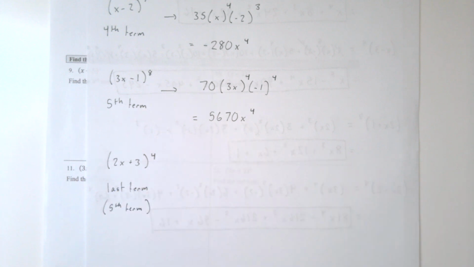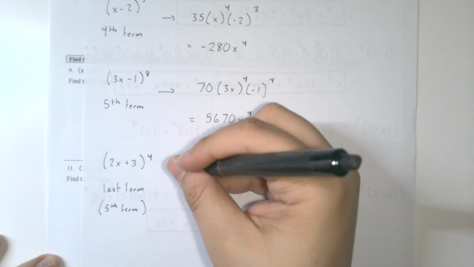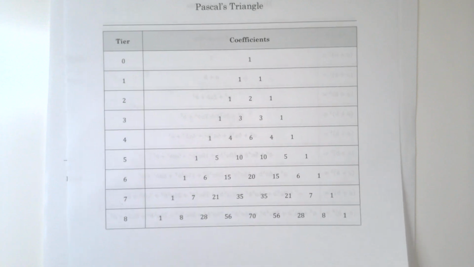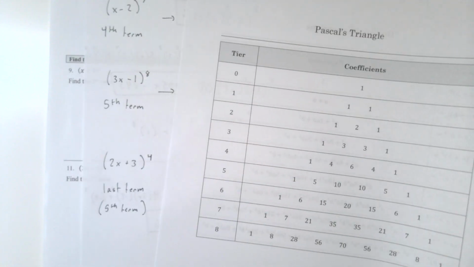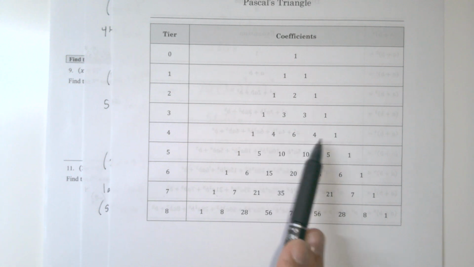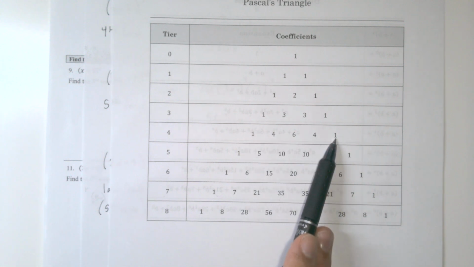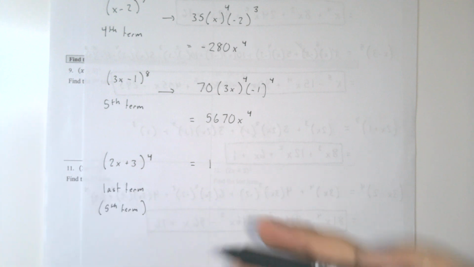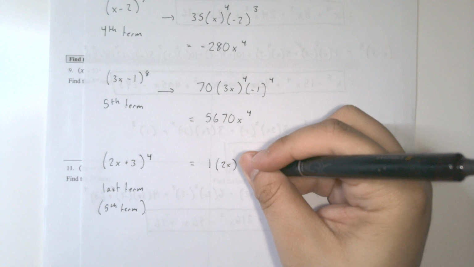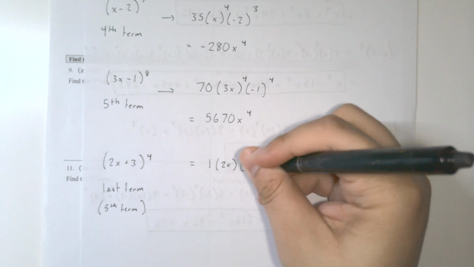And if that's the case, then first, we can either recognize that the very first and the last term are always going to have a coefficient of 1, or if you would like to verify that on your triangle, since we're raising something to the 4th power, we have 1, 4, 6, 4, 1, so coefficient of 1, and then times 2x and then times 3.